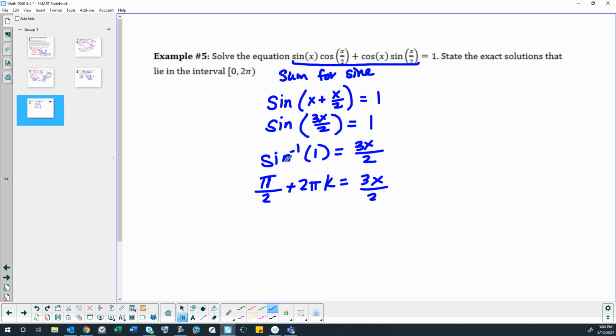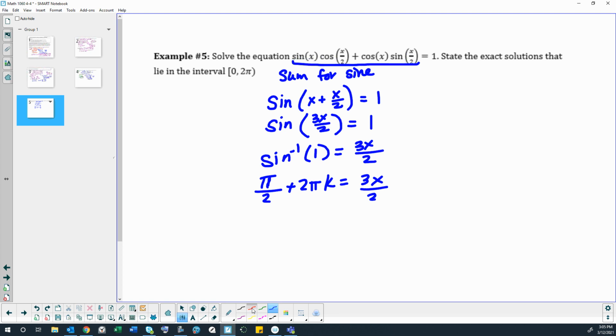Okay, so hopefully this inverse sine of 1 turning into this answer makes sense. We've been doing that in every problem, and then it's equal to this because that's what the argument was in the angle before we used the inverse. So this is going to be the only possibility because that's the only place the sine equals 1.